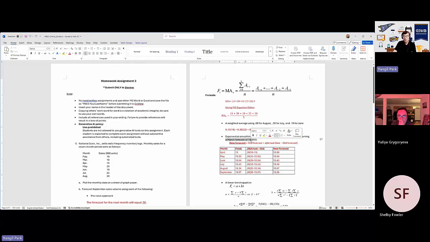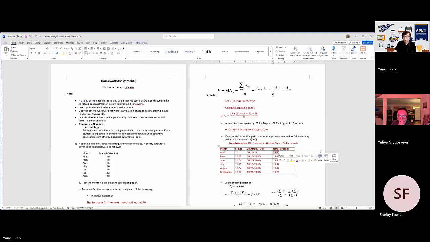The prompt says March forecast assumed as a 19, so that's why we're going to use it. Then 18 is the previous number, which is 18 over here in March. So 18 minus 19, based on the formula, and you add them up. Then you're going to get 18.80, which is a new forecast.